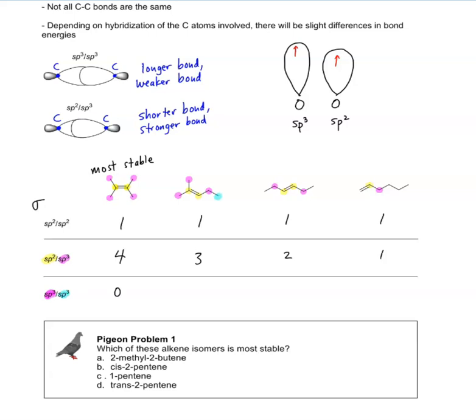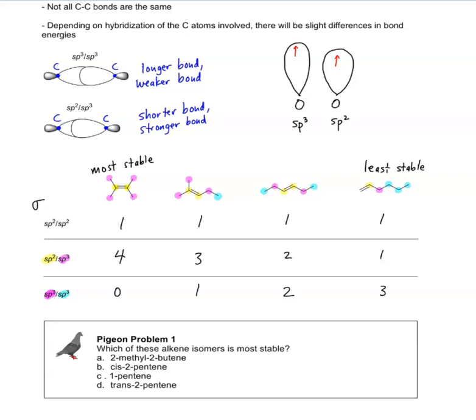The trisubstituted has 1 such bond. The disubstituted has 2. And then finally, there are 3 carbon-carbon sp3 bonds in the monosubstituted. And remember, we also know that the monosubstituted is the least stable.